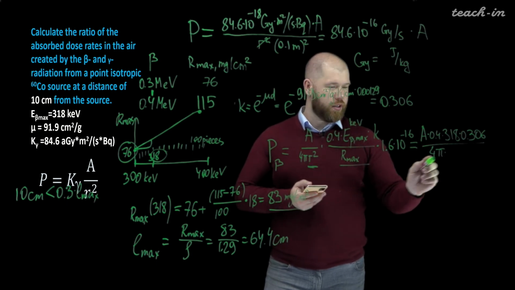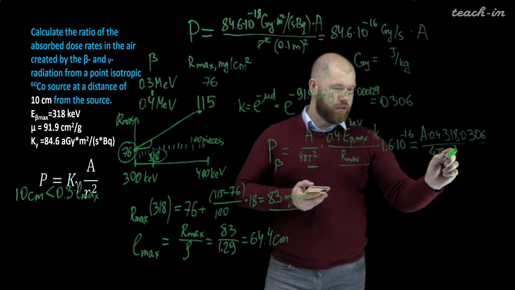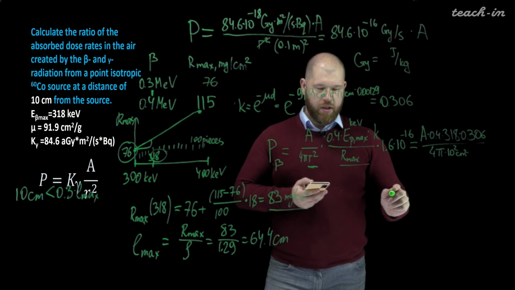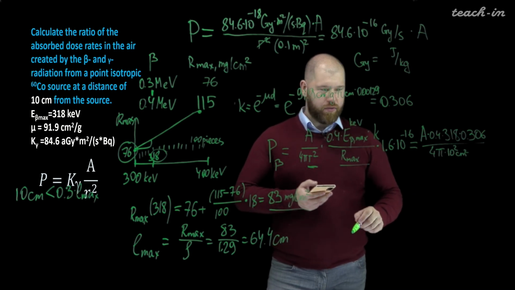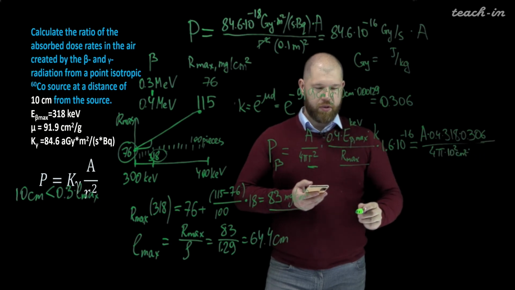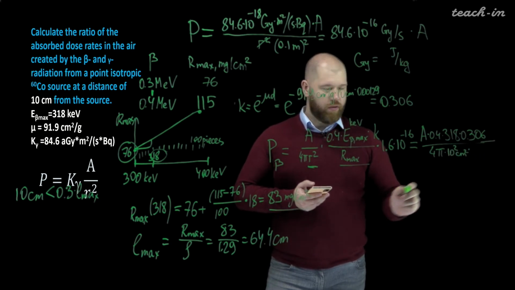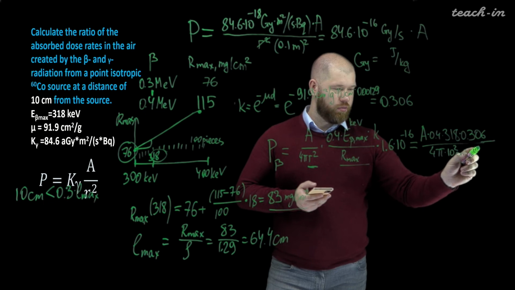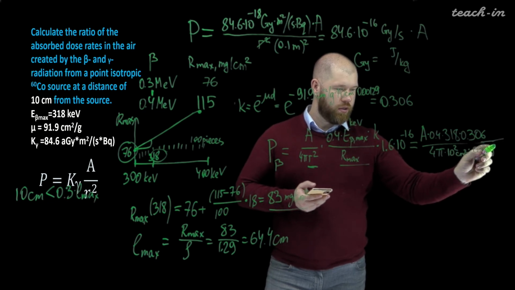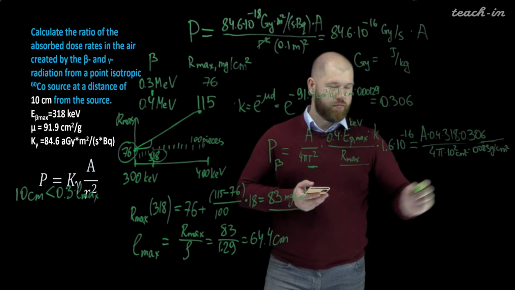It will be also neglected, so it will be 10 squared centimeter. And in the case of maximum range, we should take it in grams, so it will be 0.03 gram per squared centimeter.